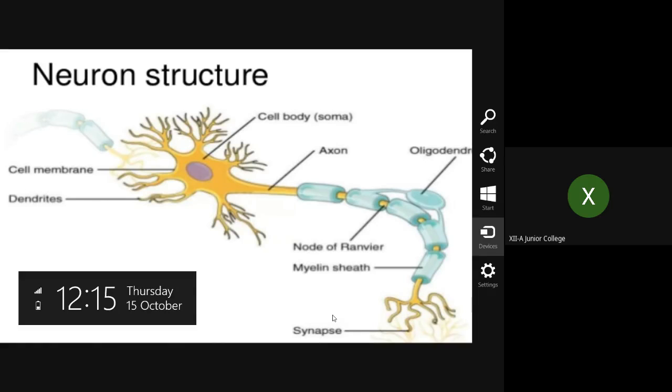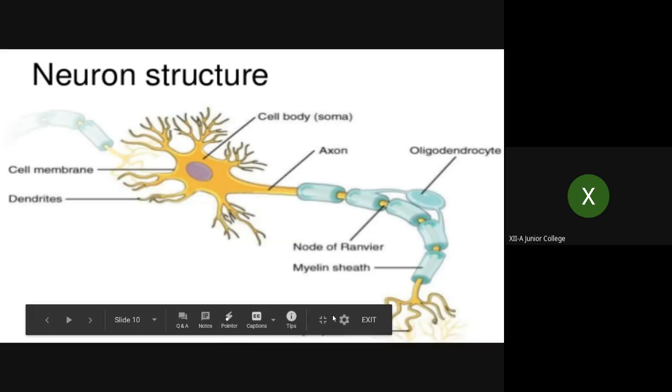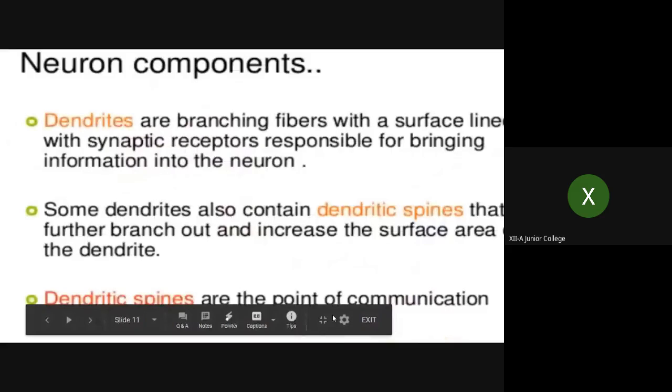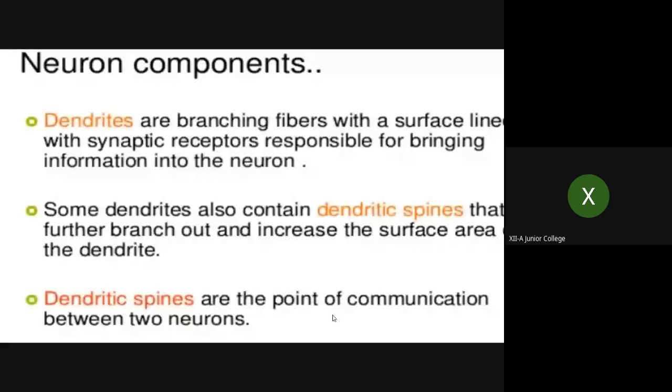Okay. Now, one by one, a little bit in detail, we'll go about the dendrites. These are branching fibers with a surface lined with synaptic receptors, responsible for bringing information into the neuron.